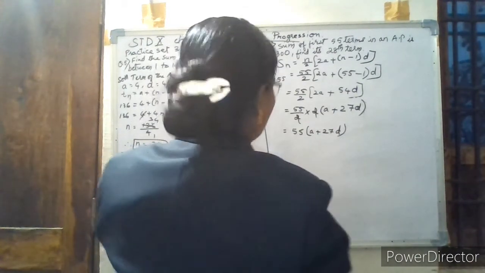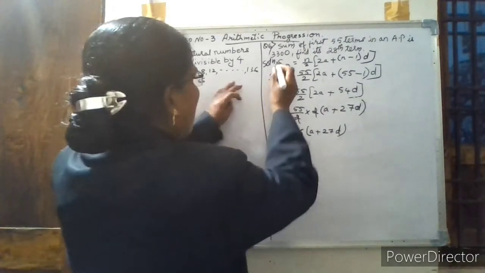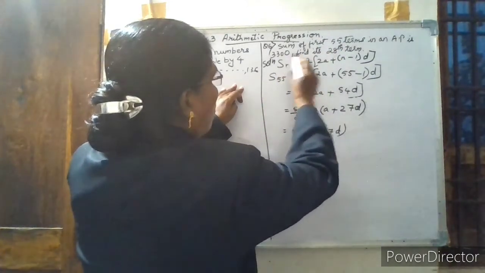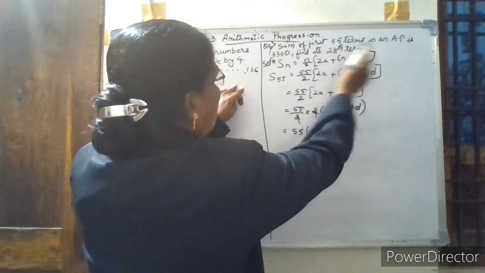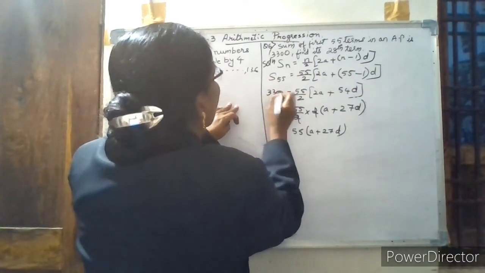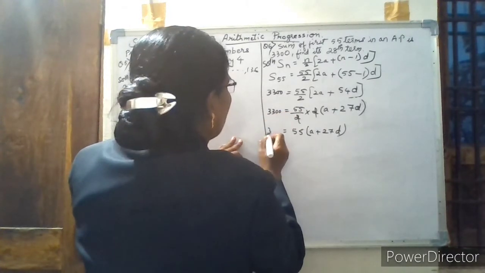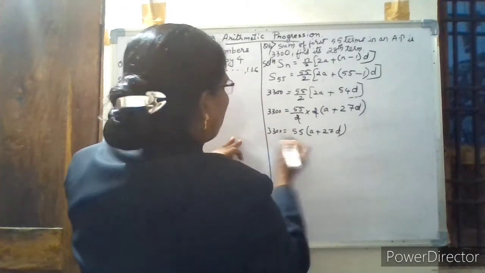This is left. I did not write the value. So the sum of 55 terms is 3300. So 3300 equals this.